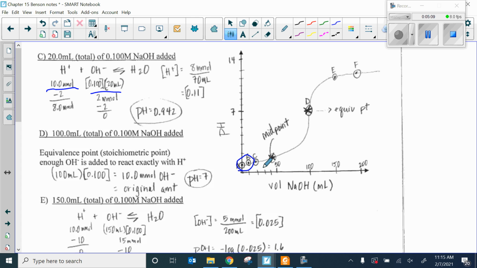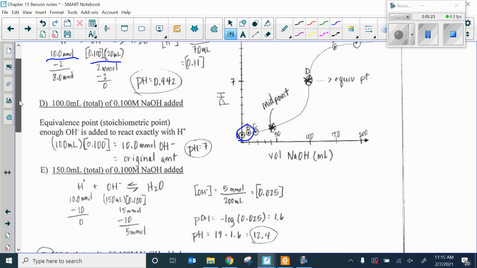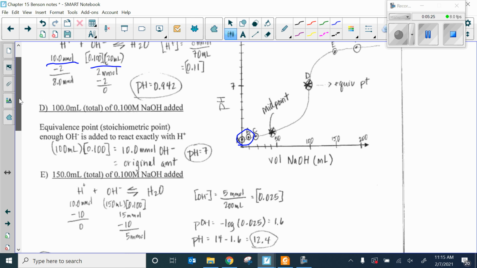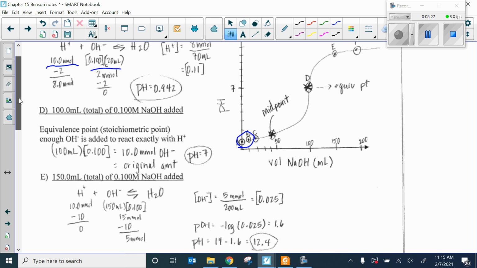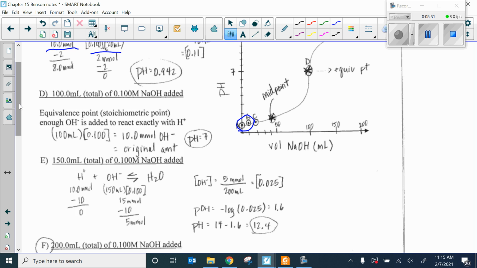And so you can see in part C, the pH is starting to go up. I am now at the equivalence point for part D. Make sure you're reading through all of this and looking at the graph and understanding what I'm doing. And then on part E, I'm just doing the same exact thing, but now my base is going to be what is left over. And so I have to do a little extra work to get to my pH.